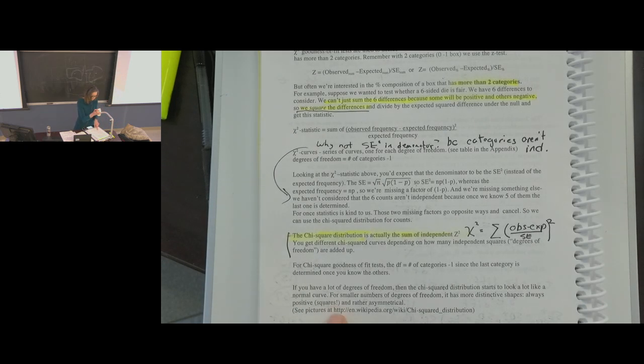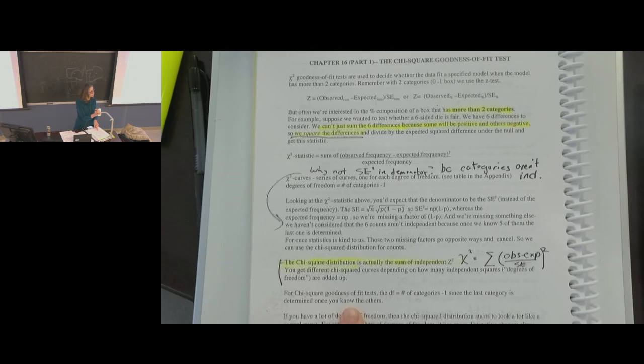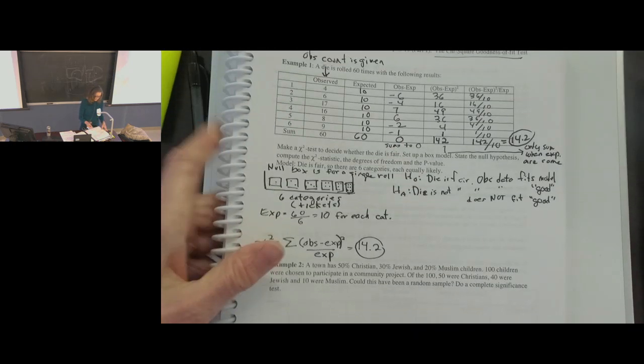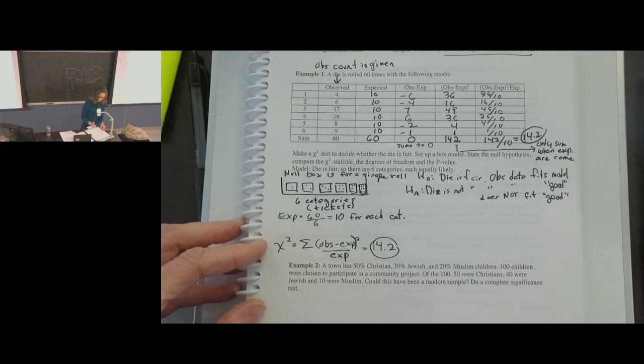First of all, we have to talk about degrees of freedom, because there's a different chi-square curve depending on how many independent groups you have, okay? So in this case, we have to get the degrees of freedom.